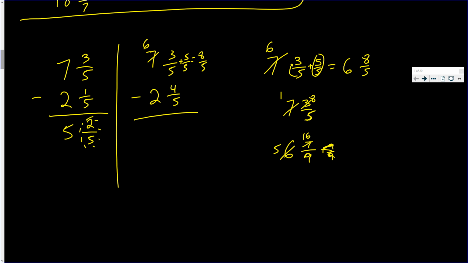You always want to add the bottom number to the top. Okay, so now we have 8/5, and we're taking away 4/5. 8 minus 4 is 4, and then we have 6 minus 2, which is 4. 4/5 is not improper, so we're done.